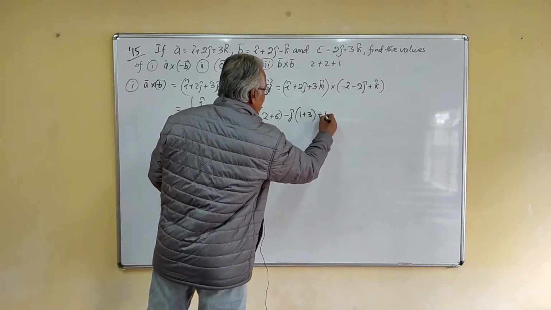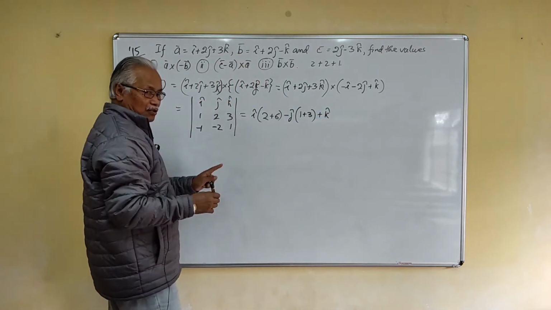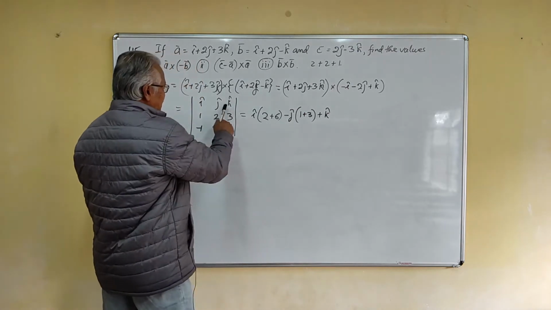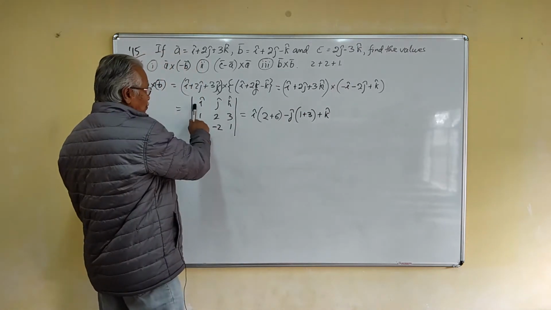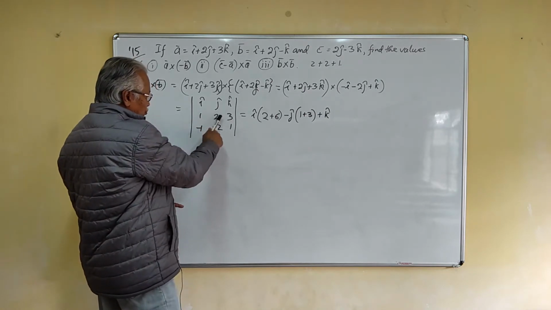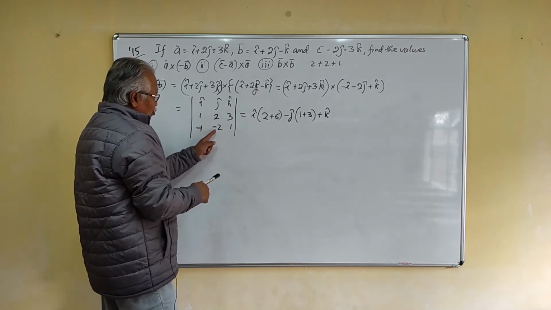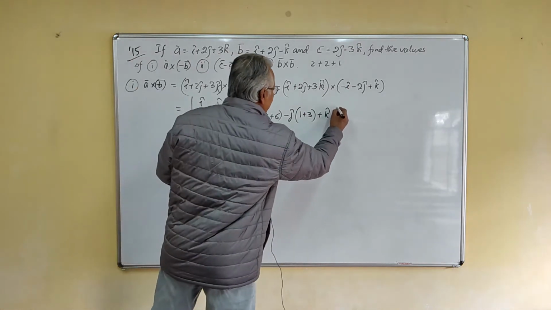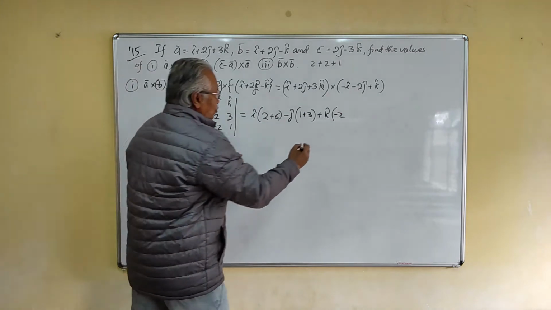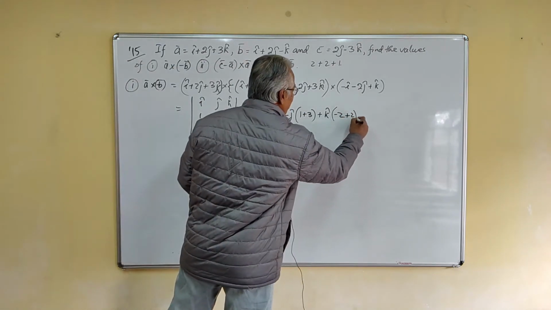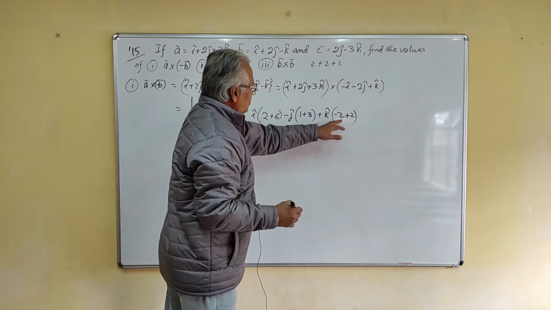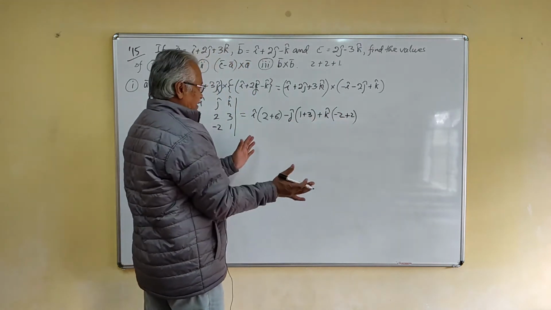And plus k times, you note it down, plus followed by minus followed by plus, k times, as usual you delete the row and delete the column, you are left with this 2 by 2 determinant. 1 into minus 2 is minus 2, and then subtract minus 2 will be a plus 2. Is that right? So minus 2 plus 2 will be 0, 0 into k will of course vanish.